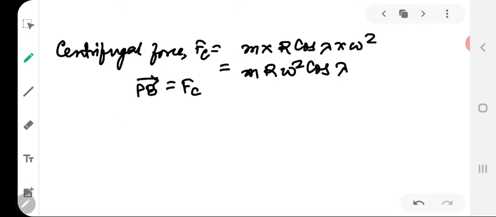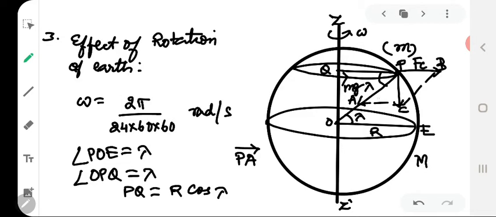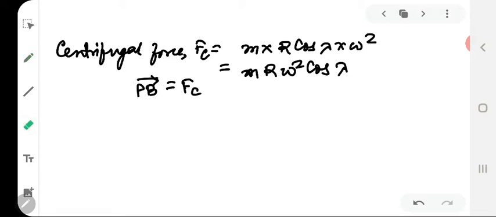To find the apparent weight mg dash, we have to complete the parallelogram PACB, as you can see in the picture, such that PA is equal to mg and PB is equal to Fc.